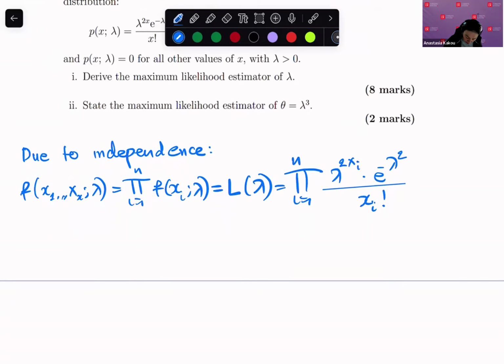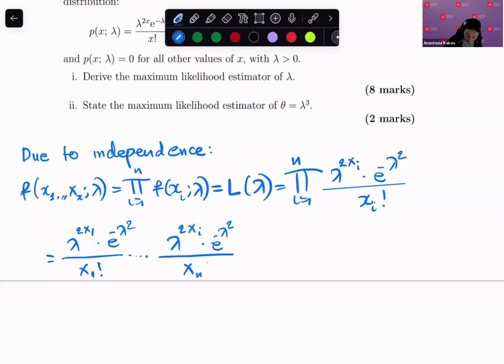So how does this become, if you expand that, you have lambda to the 2x1 times e to the minus lambda squared over x1 factorial, and then you have similar terms for each observation, up to e to the minus lambda squared over xn factorial.